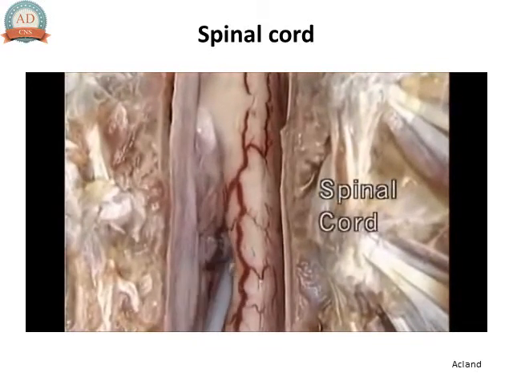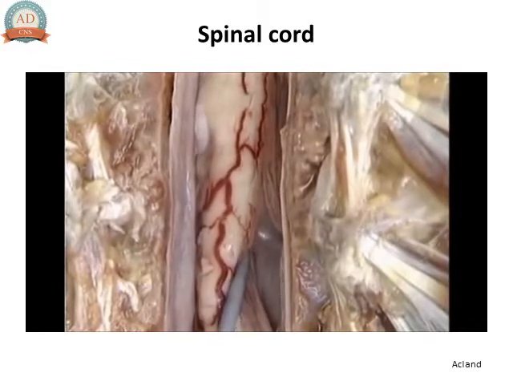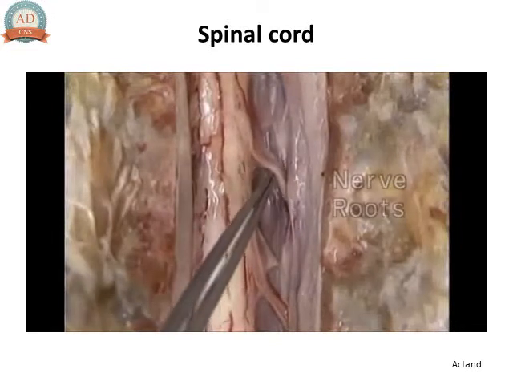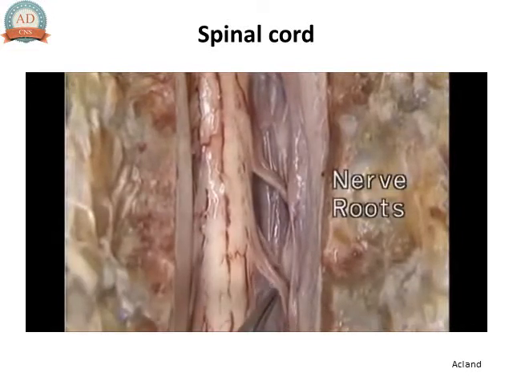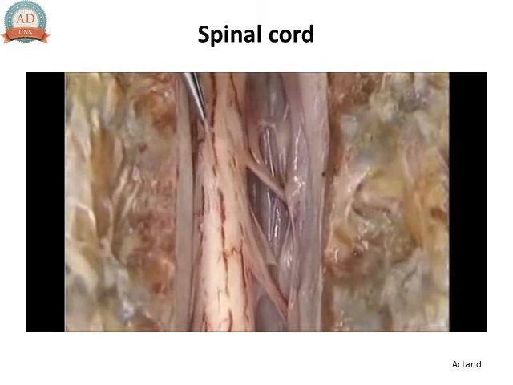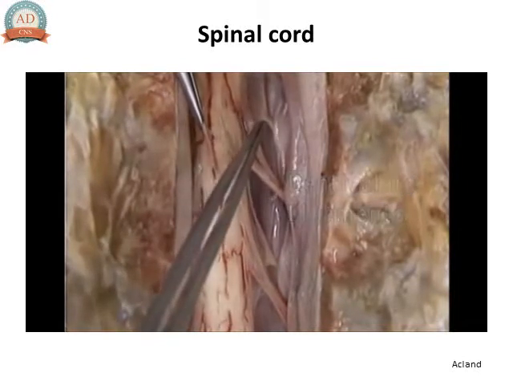Here's the spinal cord. These are nerve roots. We'll look at them in a minute. The cord is attached to the dura by a series of fine triangular ligaments, the denticulate ligaments.